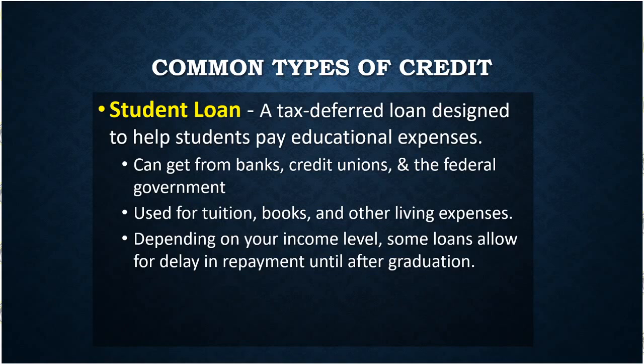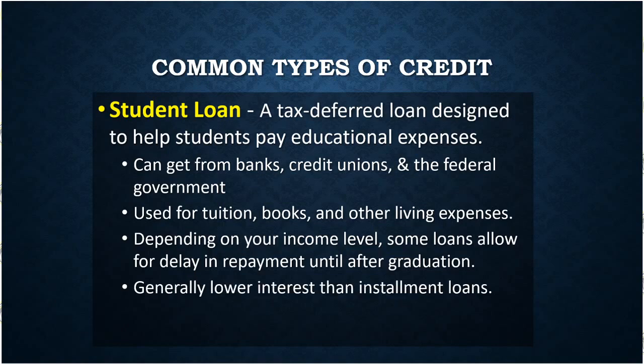So if you borrow $5,000 on a student loan as a freshman, it's still going to be $5,000 four years later when you are a senior, because nothing is going to accumulate on that loan as long as you're still a student taking at least half-time credits. Generally speaking, student loans have the lowest interest rate of all the stuff that we're going to talk about here because it's backed by the government. There's not a whole lot of risk there.